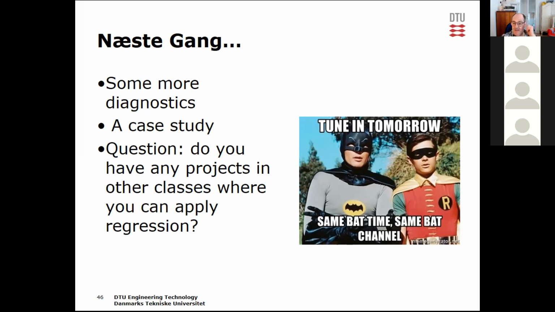I'd love to hear about it quickly, because it would be good for me to use next week's class to go over some possible applications of all these methods in some of your other classes or projects.